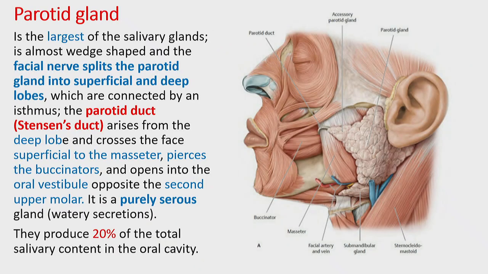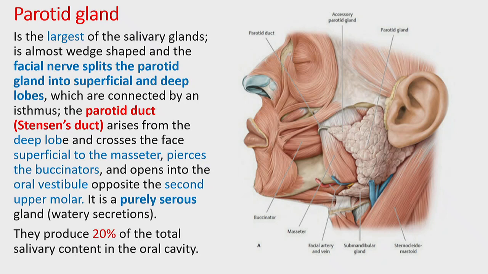The first salivary gland and the largest one is the parotid gland. This parotid gland is located at variable size, usually coming from the zygomatic arch. It has a wedge or triangular shape, with a base in the upper part and an apex in the lower part, which we are going to discuss.